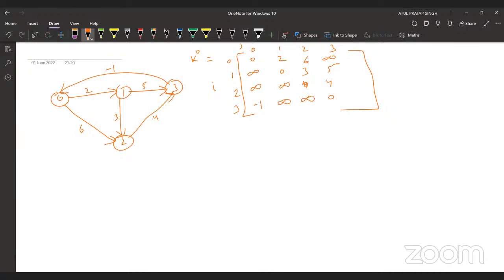Okay, and we will apply the Floyd-Warshall algorithm formula. What is this formula?